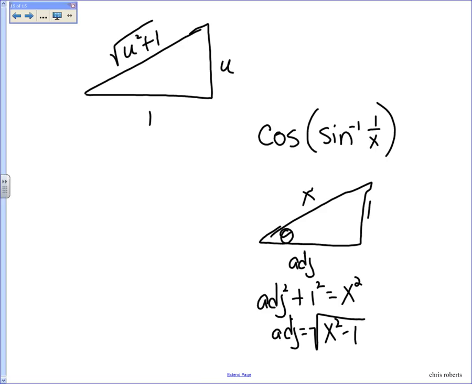Again, you would think plus or minus, but since we're talking about a side length in a triangle, we're going to go with the positive. Since I'm trying to find the cosine of this angle, cosine is the adjacent divided by the hypotenuse, so in this case it would be the square root of x squared minus 1 over x.